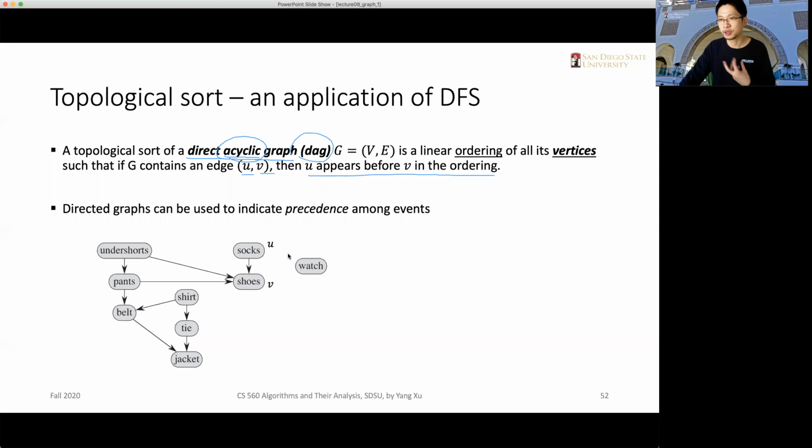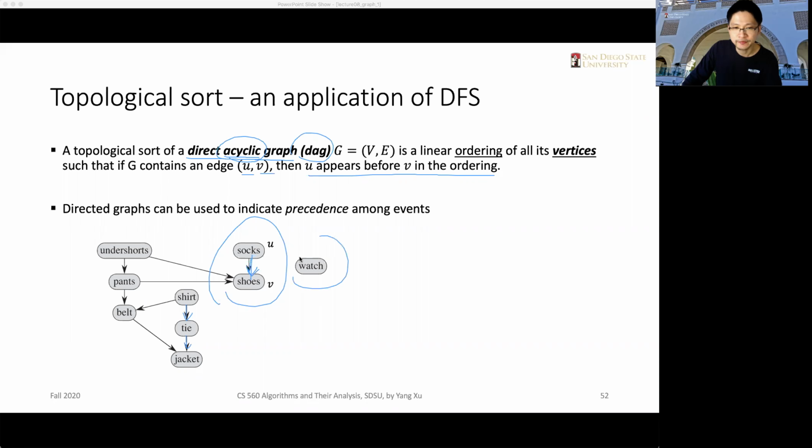Like you must put on your socks before you put on the shoes. So there's a directed edge that indicates this temporal ordering relationship. And the shirt must come before the tie, and the tie needs to come before the jacket, right?